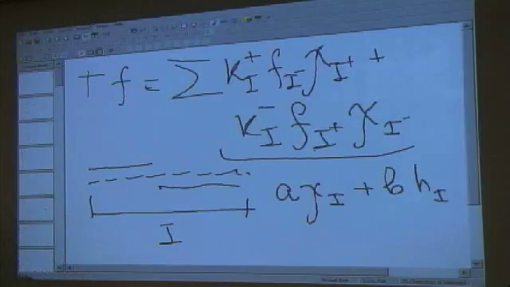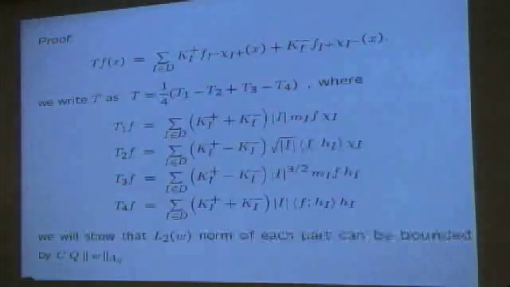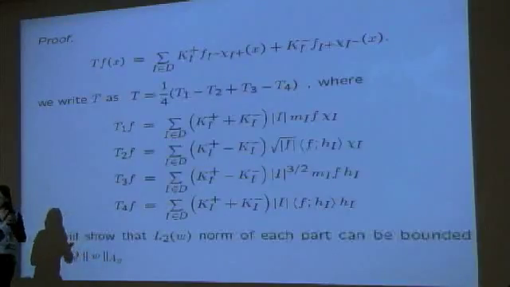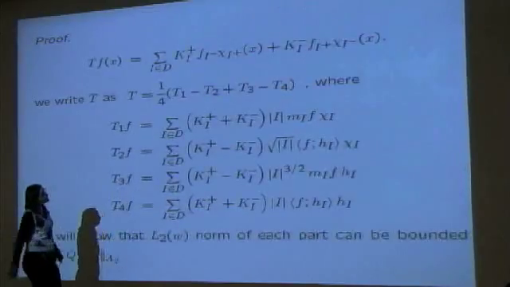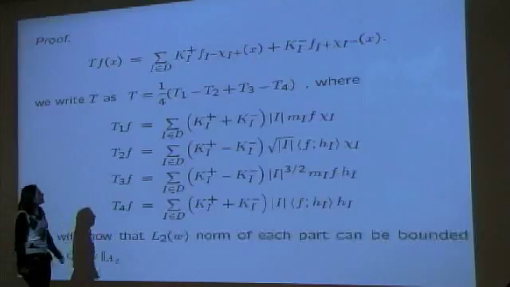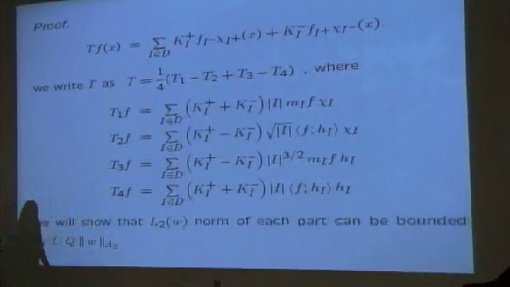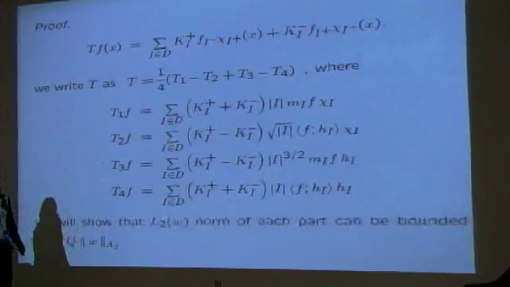So let's see. Okay, and this is what we are doing. When you write it very carefully out, you're getting that T is a sum of 4 operators. There are some differences, but it doesn't matter. T1, T2, T3, and T4. And it turns out that all 4 operators are our good friends.